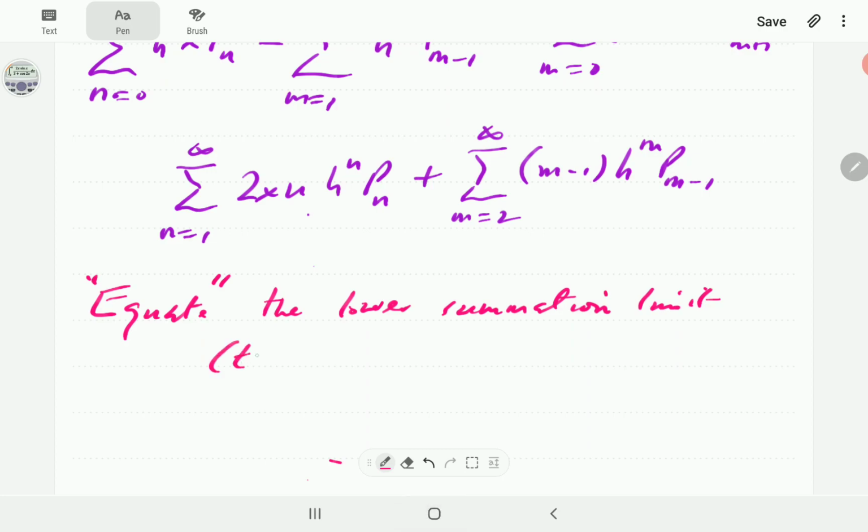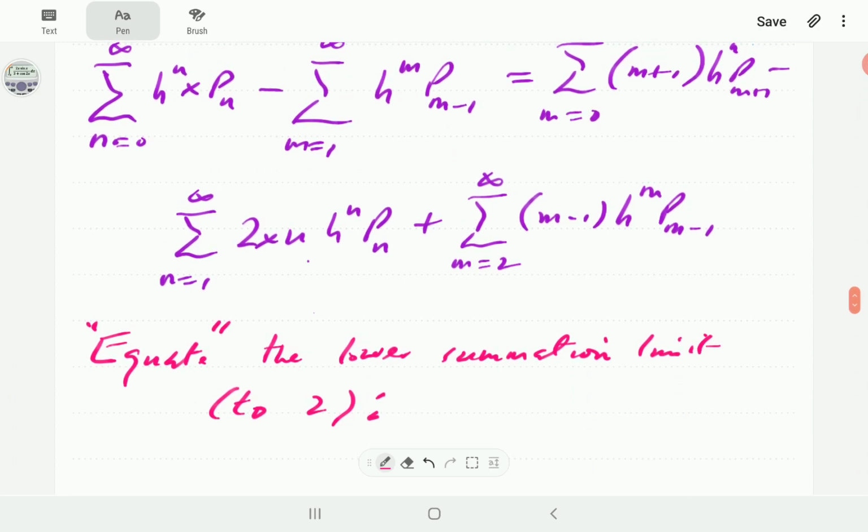So this time we're going to make sure that all the lower summations start at 2 by evaluating if necessary. As I've already mentioned, for the first one here, we're going to have to evaluate this for n equals 0 and n equals 1. When n equals 0, this is going to be 1, so it's going to be x p_0.